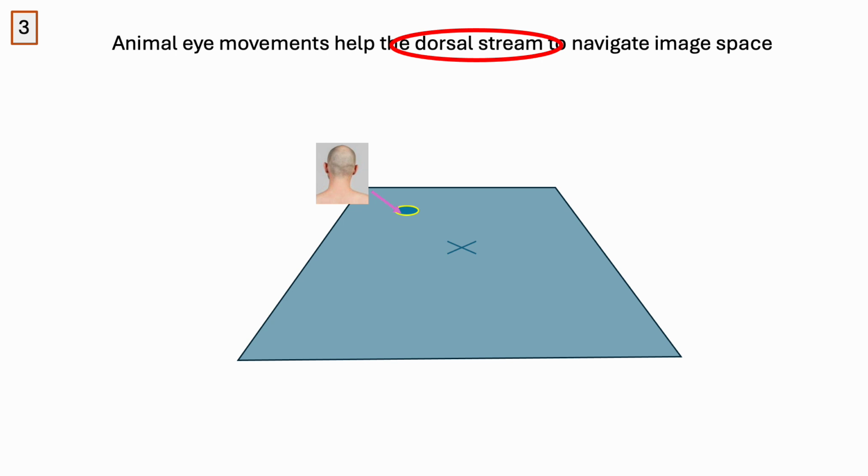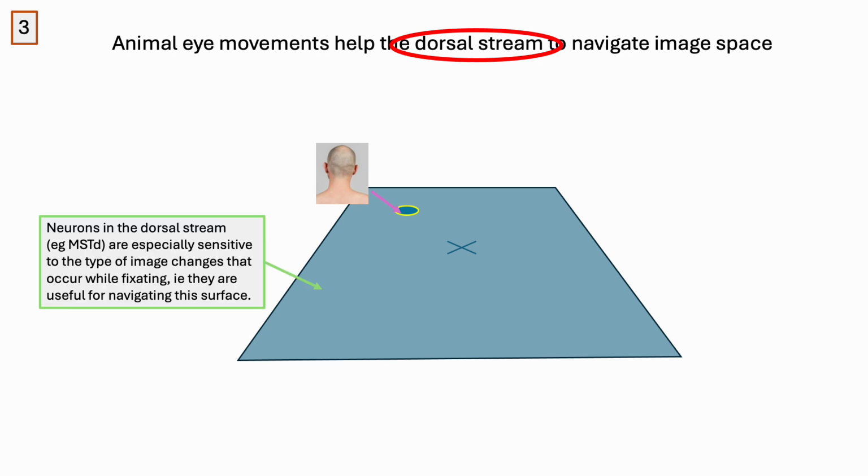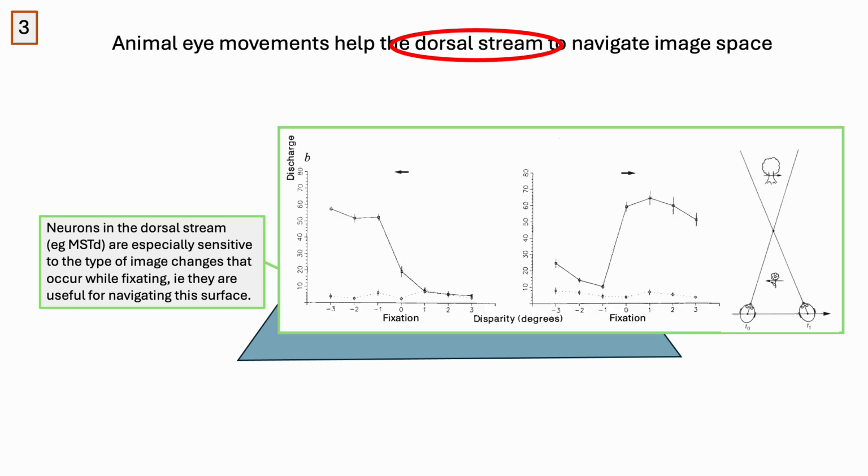But all through, they've been moving on this surface, they've been fixating that person. So neurons in the dorsal stream, for example MSTD, are especially sensitive to the type of image changes that occur while fixating. That's critical. So they're useful for navigating this surface.